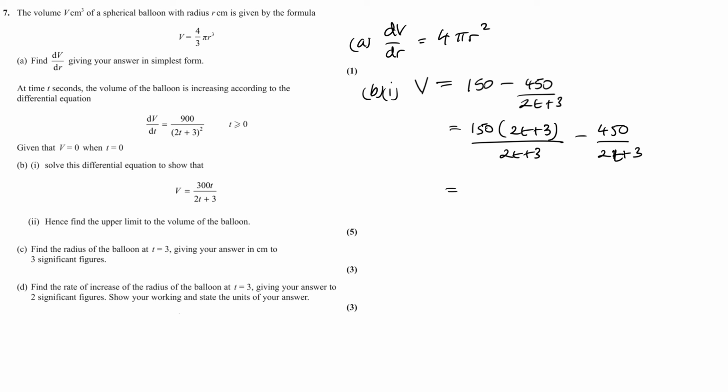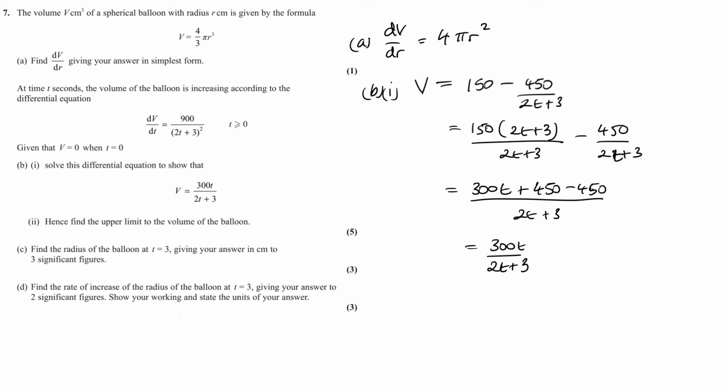So 300t plus, now 3 times 150 is 450, minus 450, all over 2t plus 3, 300t over 2t plus 3. And, oh, that is what we needed.